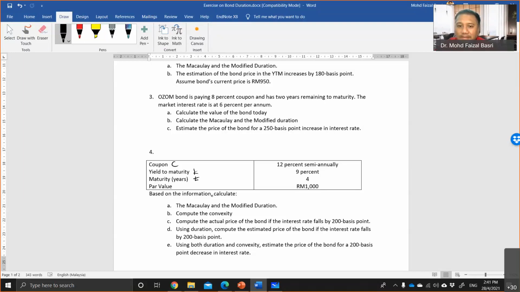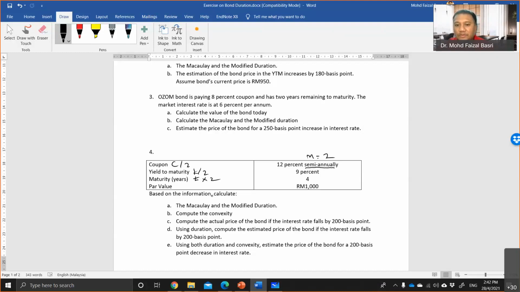And for this question, the coupon will be compounded semi-annually. So technically, if we revisit last week's valuation, we need to make some adjustment if it's semi-annually, whereby the M, which is how many times compounded in a year, is equivalent to 2. So this will affect all C, K, and T. With C, we need to divide by 2, or M in this case, K, you have to divide by 2, and T, you have to multiply by 2.